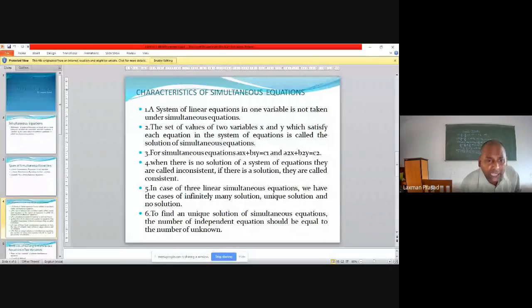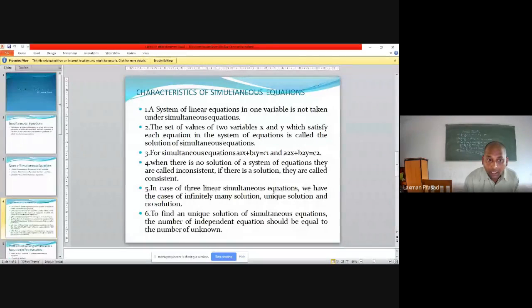See, in case of three linear simultaneous equations, if there is an x, a y, and a z, we have the cases of infinitely many solutions, a unique solution, and no solution. Here are three points: many solutions, unique solution, and no solution.